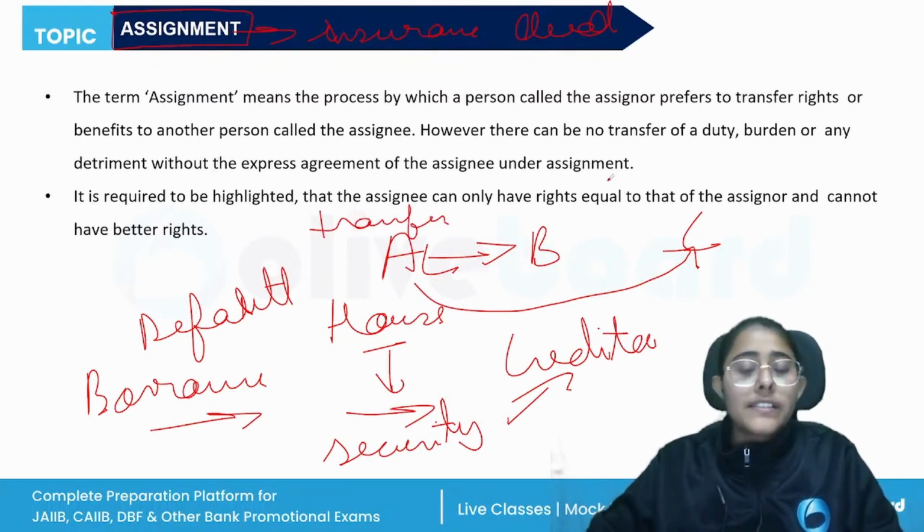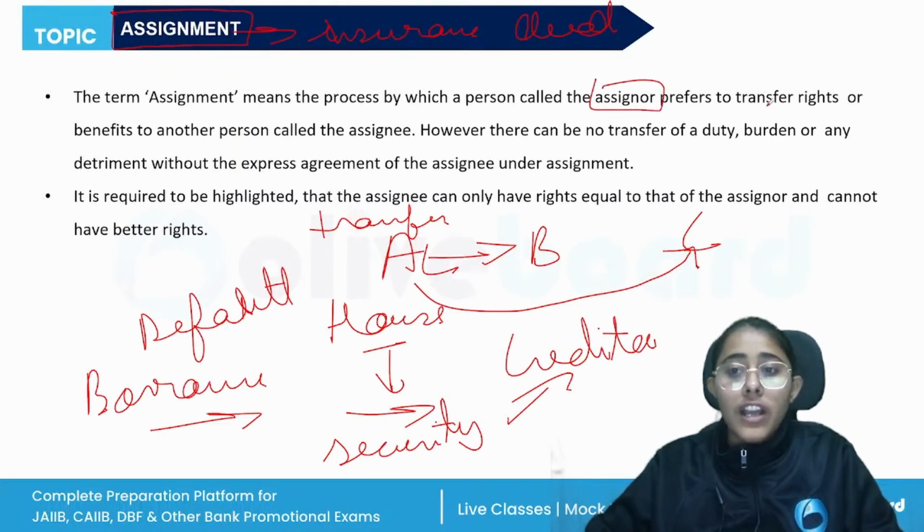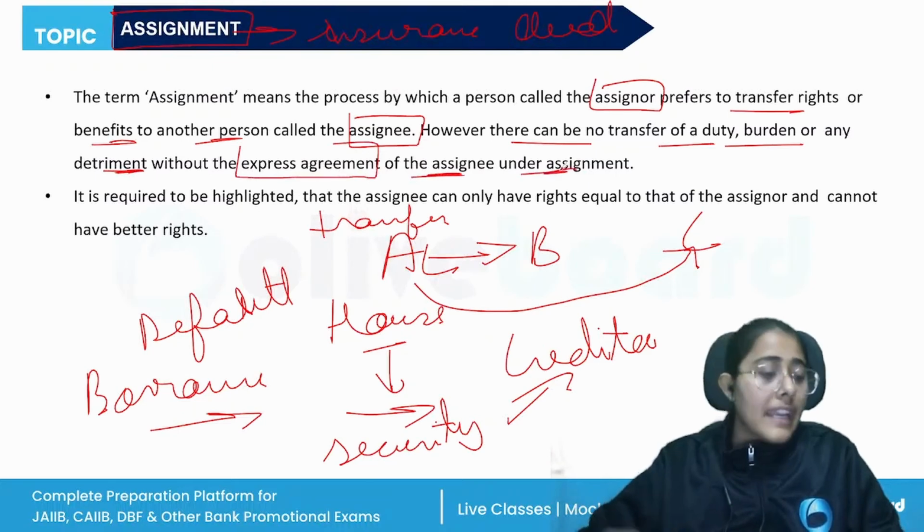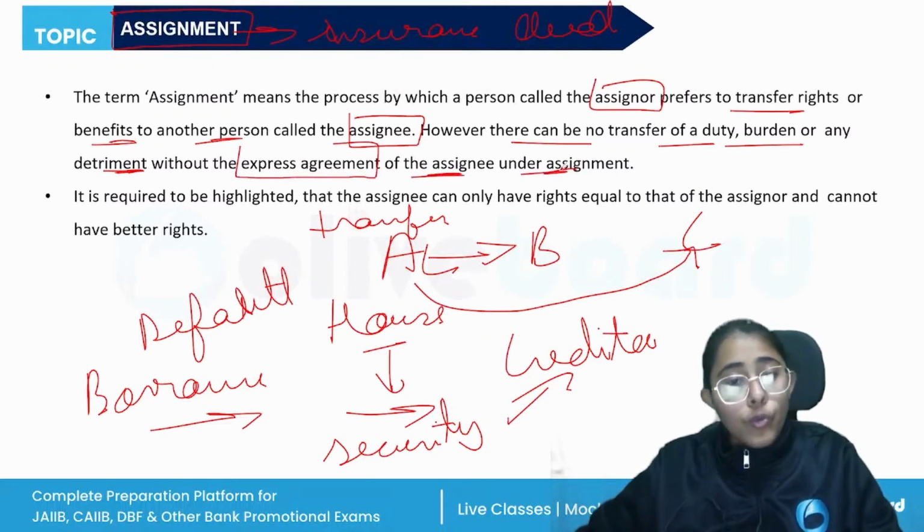Assignment means the process by which a person called the assigner transfers rights or benefits to another person called the assignee. However, there can be no transfer of duty, burden, or any other detriment without the express agreement of the assignee. So the assignee to whom the transfer of rights is being made should have given express agreement to it.